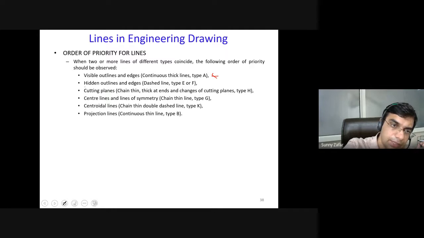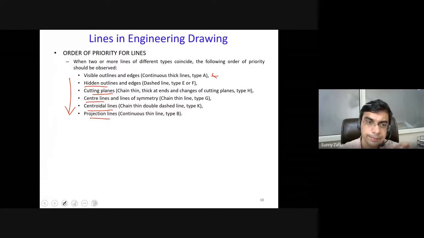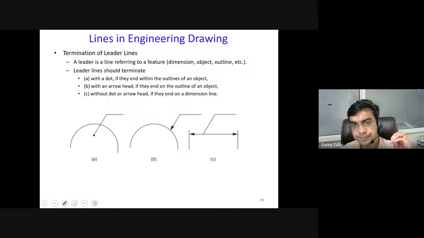And then come the hidden lines, cutting plane lines, center lines, centroidal lines, and projection lines. So this is the order of priority in which the different lines have to be drawn or observed. This is just for your information, to understand how to go about these different types of lines which are present on a typical machine drawing component.